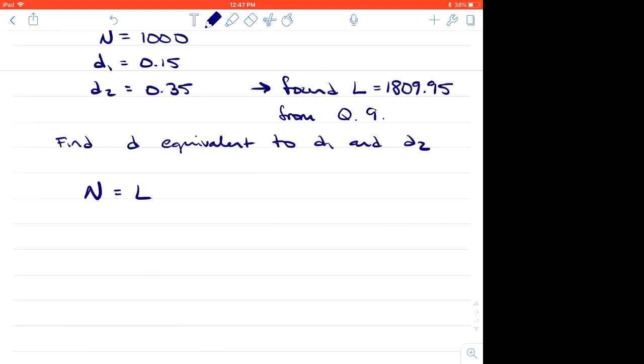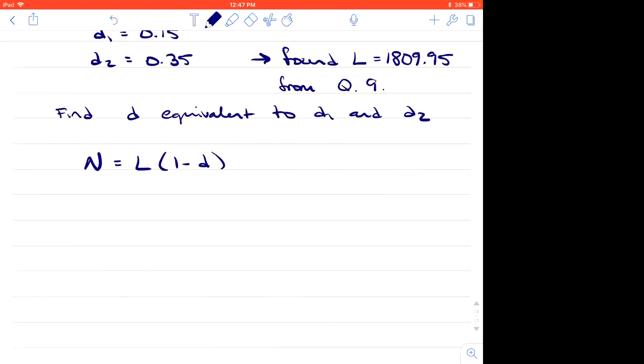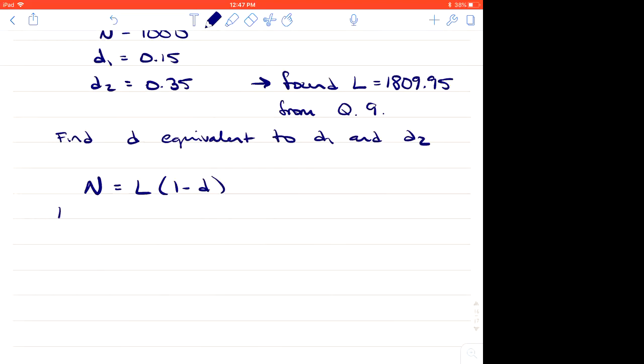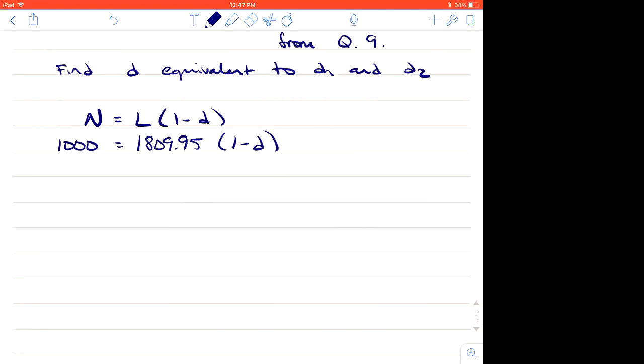So we have something like this. N is the list price times 1 minus D. So there's one D that brings the net price to 1,000 if the list price is $1,809.95 times 1 minus D. And that D is equivalent to those two discount rates. Lots of ways we could have solved this.